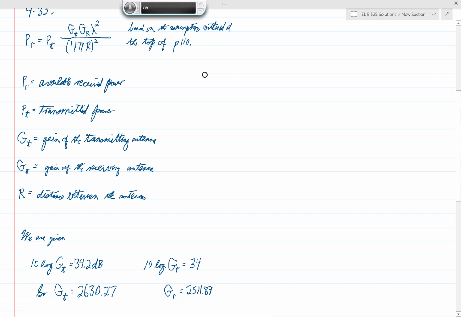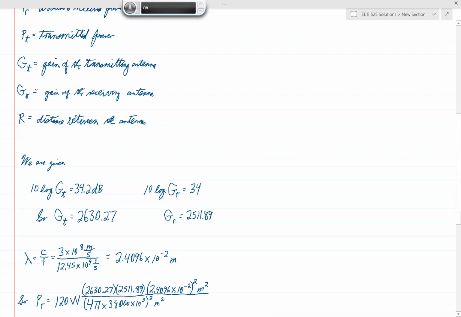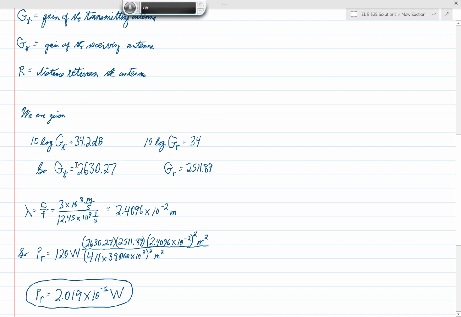So since those are the values of GT and GR in dB, then to get GT and GR, we note that 10 log GT is equal to 34.2 and 10 log GR is 34. And so if we do those calculations, we will see that the gain GT is 2,630.27 and GR is 2,511.89.